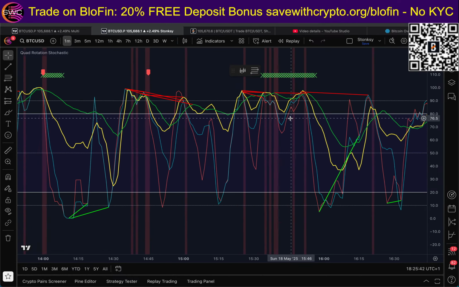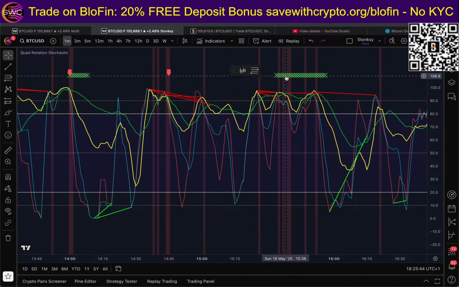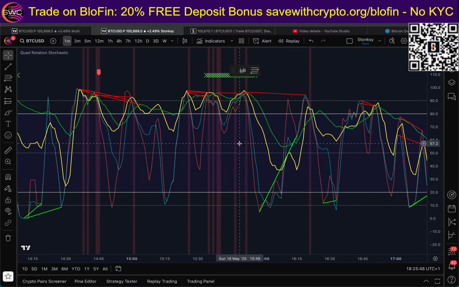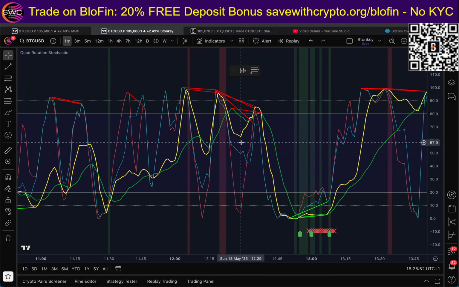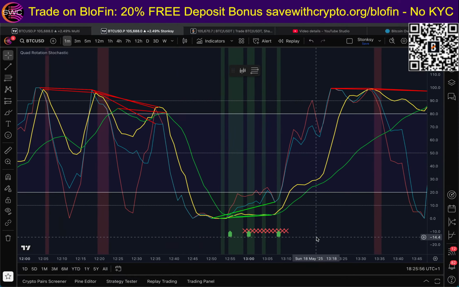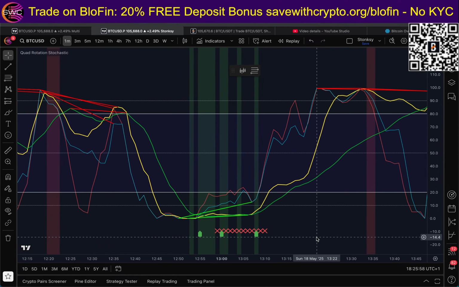But what I tend to look at a lot is these green crosses up here and these red arrows. And also down the bottom, you also get red crosses and green arrows. So what these are all about is when the stochastics get into this territory here.